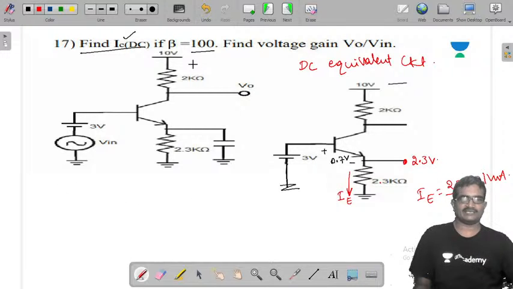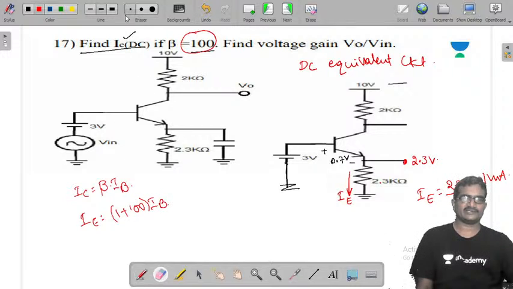See, beta is 100. Beta 100 in the sense high value. Why? Because IC is beta times IB and IE is 1 plus beta times IB. Once beta is high, compared to 1, beta 100 is very much greater. So we can write approximately it is beta times IB.